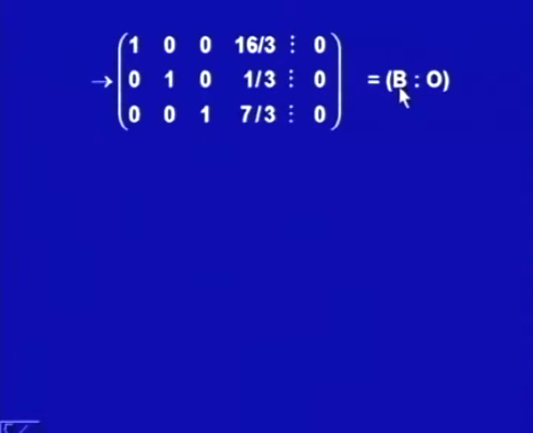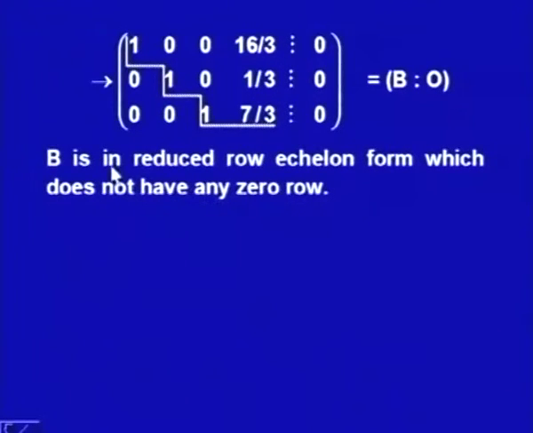So, we now have matrix B, consisting of the identity matrix and these elements. So, we now have the row reduced form consisting of 3 rows, and these are the column vectors, and these are the leading rows with leading elements. So, this vector and this vector constitute the basis. So, B is the reduced row echelon form which does not have any 0 row, and that means the column rank is 3.